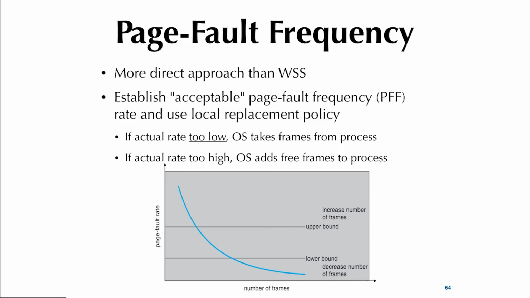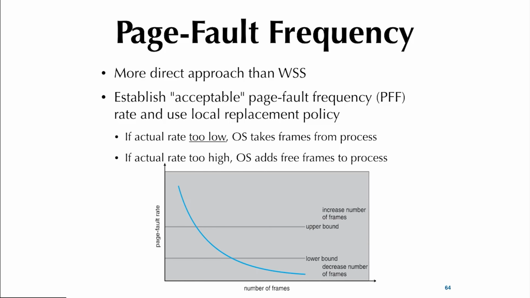So it's more of a percentage, right? You can think of it this way: if every reference you make results in a page fault, or 99% are page faults, you're thrashing, right? That's a very direct way. You don't even have to bother with the working set model.